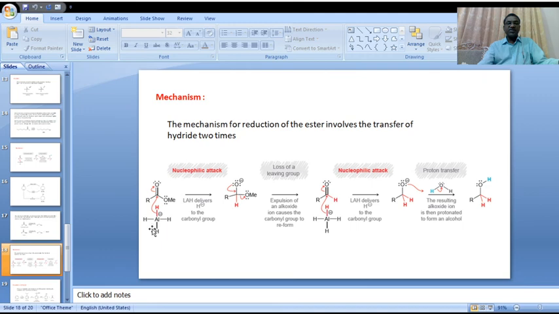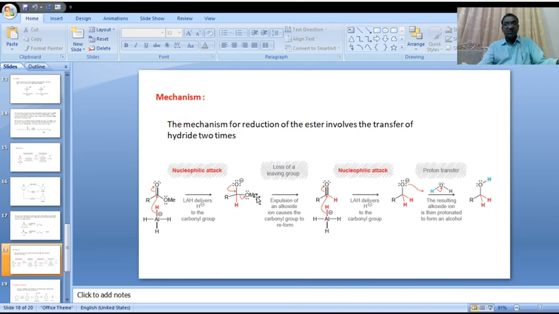LAH, lithium aluminum tetrahydride, delivers the H minus nucleophile, which attacks the carbonyl carbon. Immediately the pi bond cleaves and oxygen gets negative. Here also the same. This is the alkoxide ion intermediate. From this alkoxide ion intermediate, here is an extra step.